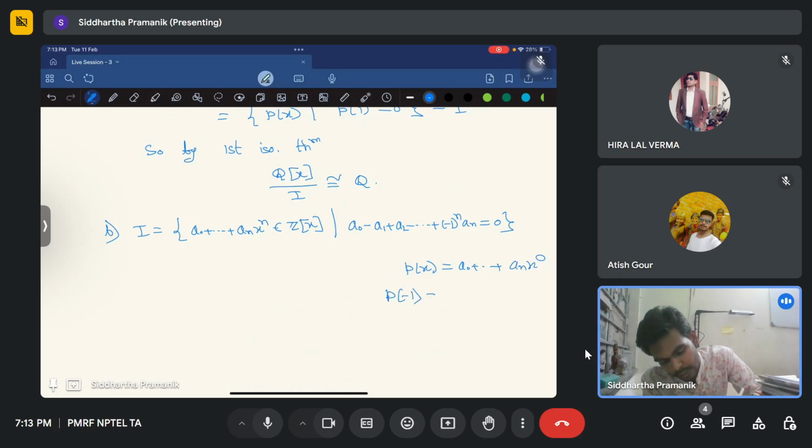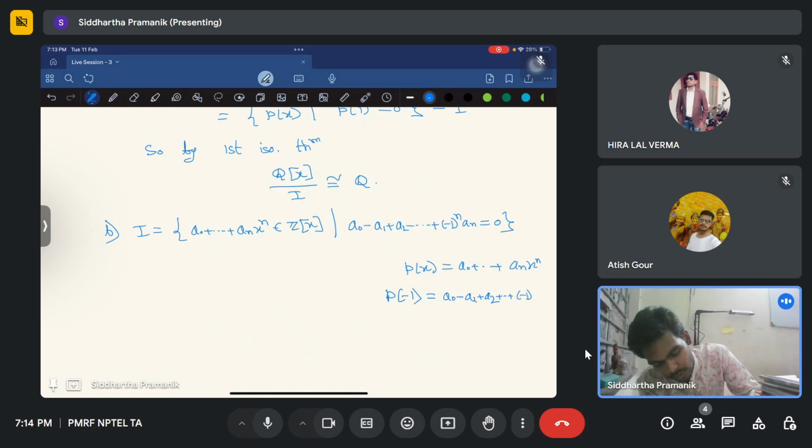This is basically, you just plug minus 1 in place of x. This is a0 minus a1 plus a2, since minus 1 squared is 1, plus dot dot, and the last term is an x power n, so an times (minus 1) power n.